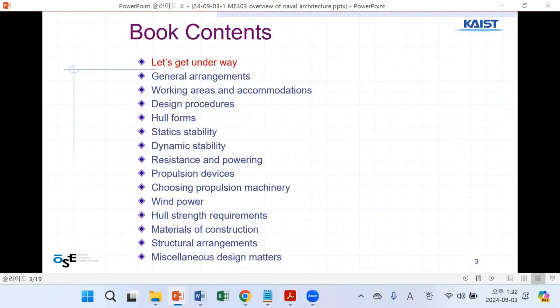FRP is used for yachts. Structure arrangements is for the small pieces of structure. This is a whole book, but we will not cover all of them.